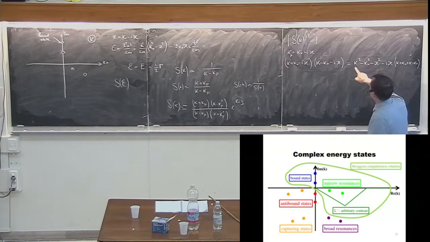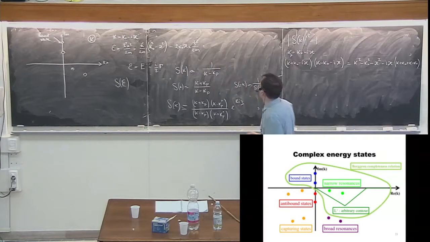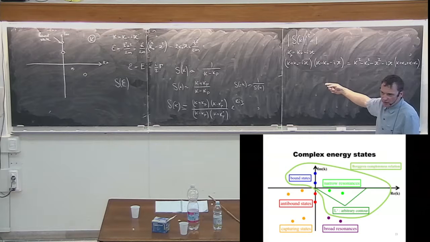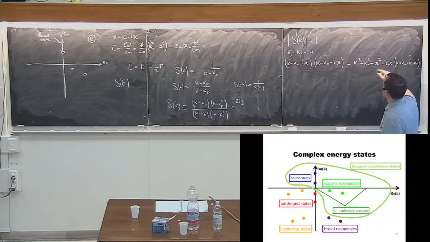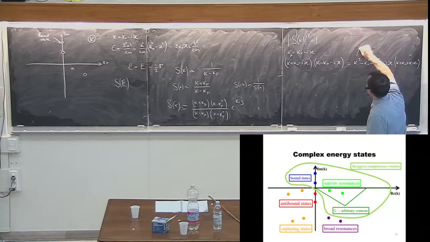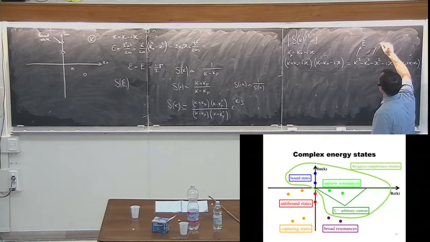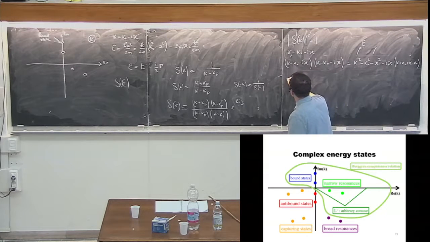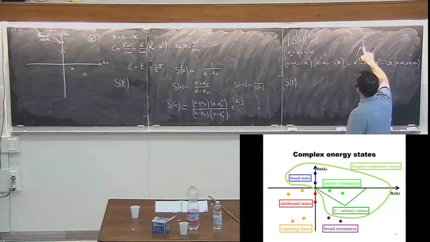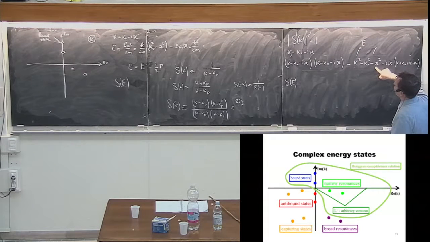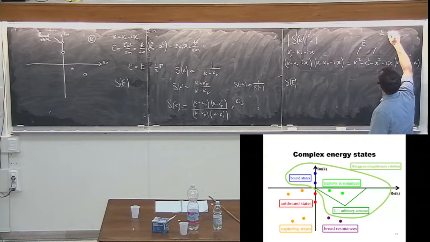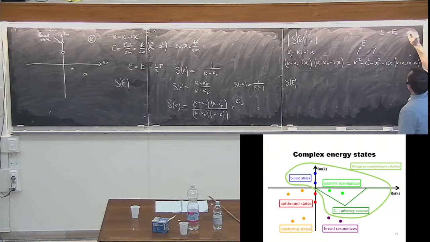If we look at the square, of course the denominator is just a complex conjugate of that, so I'm not writing the denominator. So k squared is proportional to my energy. This quantity is proportional to the scattering energy. Right? So if I write S of E, this E is just my scattering energy. This is the energy of the pole, which I will write as E equals E naught, and then a complex part which is gamma.